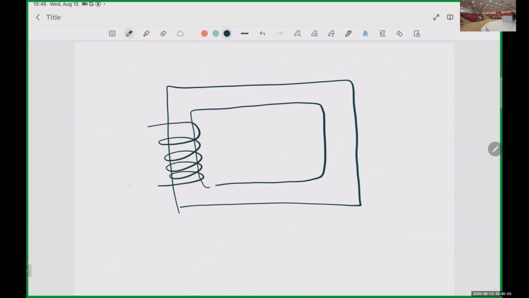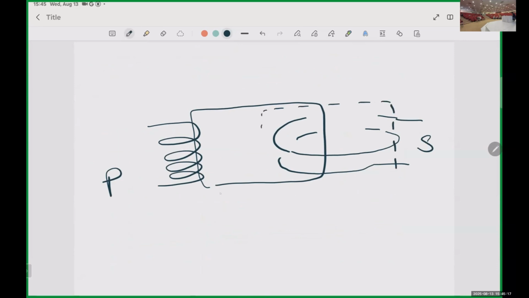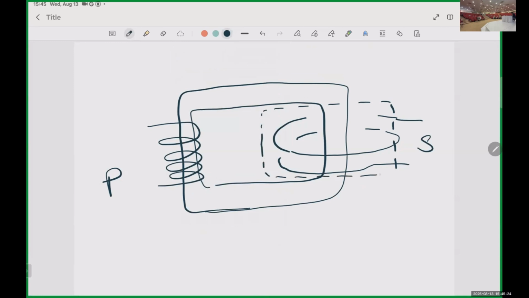This is the primary, and the secondary is bound away from the core, and this portion is either filled with oil or a very high-grade polymer, which provides additional isolation.